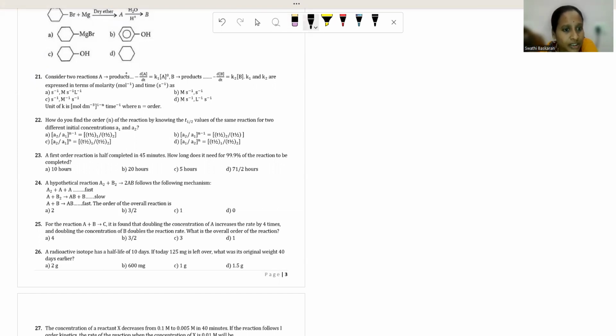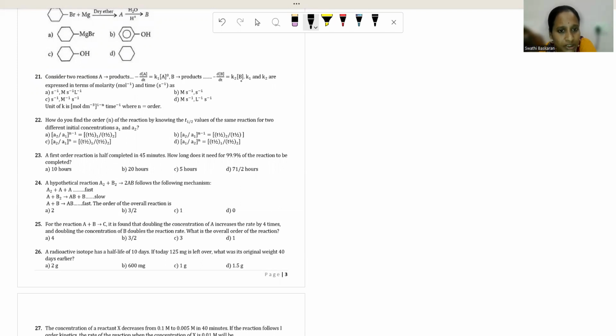It is clearly understood that for dA by dt, that is the rate law, K1 times the concentration of A is raised to the power 0, which means it is a zero order reaction. And for B to products, minus dB by dt equals K2 times the reactant concentration B, which is not raised to any value, which means it is first order kinetics.